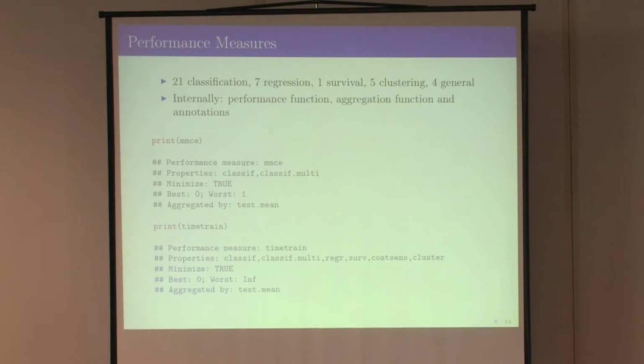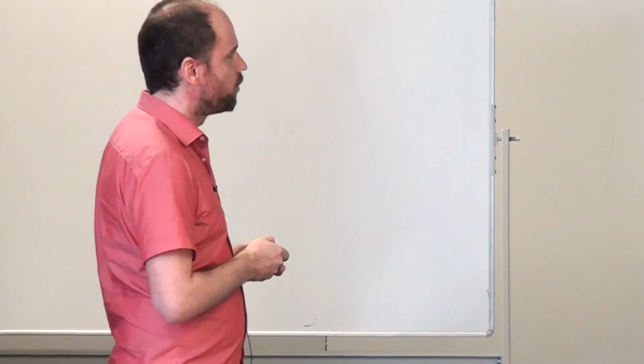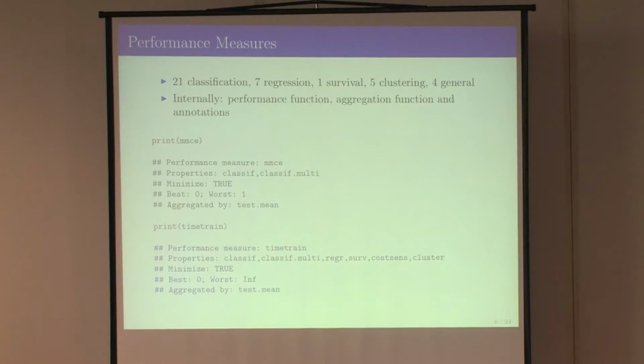Again, there are many different performance measures in there, quite a lot for classification. This huge number is due to the fact that we have all of these ROC measures, like true positive rate, G-mean, F1 score, and so on. Regression measures, only one for survival analysis because it's pretty hard to implement this technically.